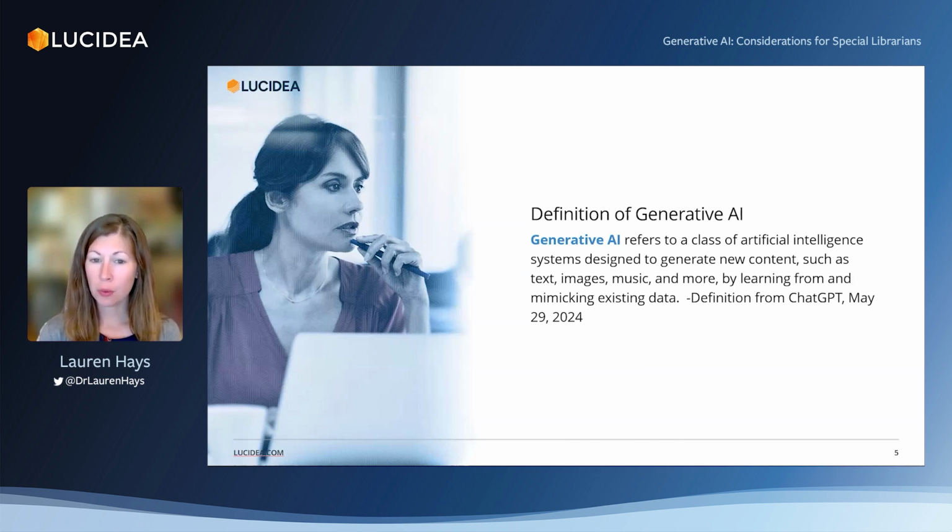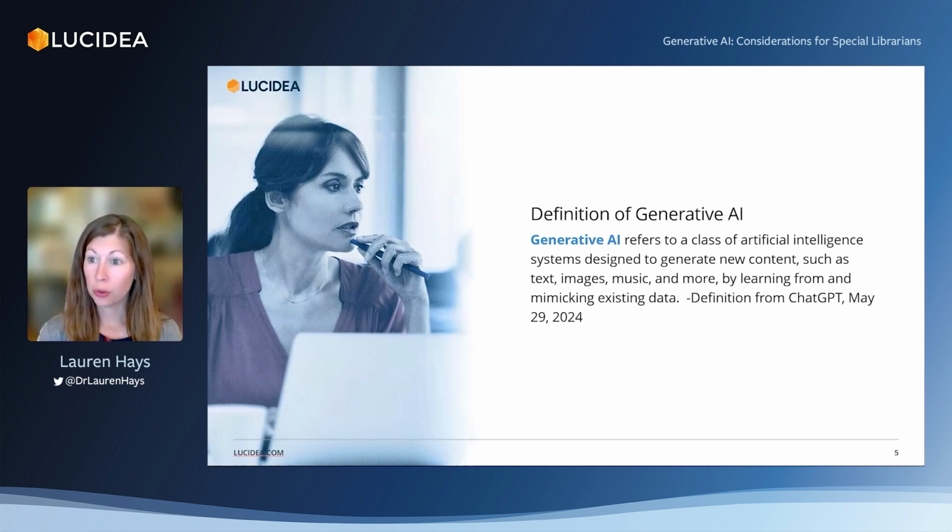I think often when we think of generative AI, we think primarily about text. And that is most often the way that it is currently being used. But there are systems out there that will create images, music, PowerPoint presentations, or just slide decks, all sorts of different types of content.